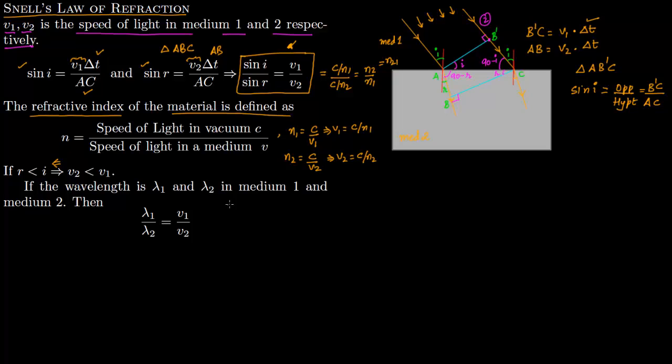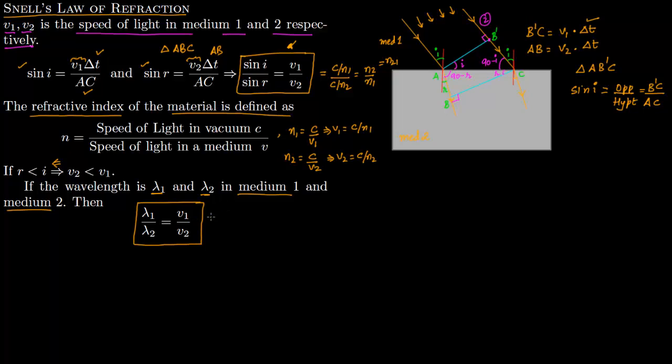Now we just say that if the wavelength of the light also changes, say wavelength is lambda 1 in medium 1 and lambda 2 in medium 2. The ratio of wavelength is same as the ratio of velocity, because the distance and the time have to match. The time is the same, so the ratio of wavelength has to be equal to the ratio of velocity.